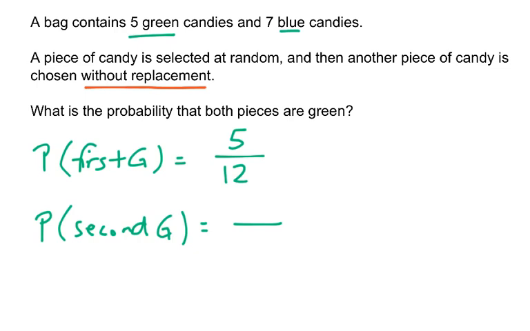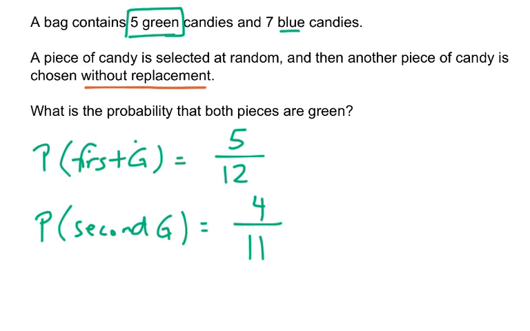So I don't have 12 pieces of candy in there anymore. I only have 11. And how many of those are green? Well, I started out with 5 greens. But the first one I picked was green, and I left it out of the bag. So now I only have 4 greens remaining. So the probability that the first one is green is 5 out of 12. Probability that the second one is green is 4 out of 11.